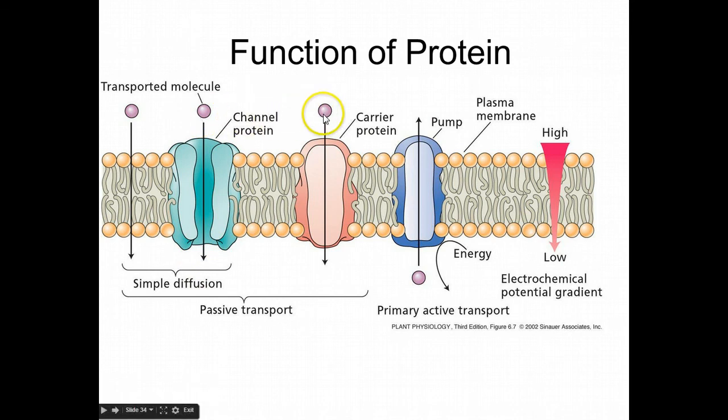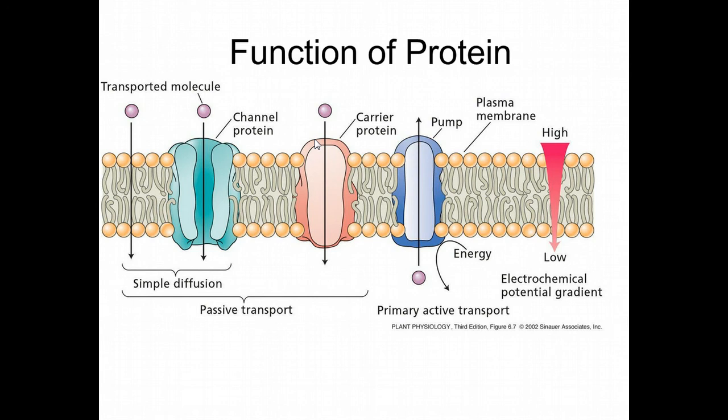You can also have a different class of protein called a carrier protein. What's the difference between a channel protein and a carrier protein? In a channel protein, the molecule moves through an opening, like a pore. A carrier protein grabs the molecule and pulls it through. Okay? So it literally binds to the molecule and pushes it to the other side.